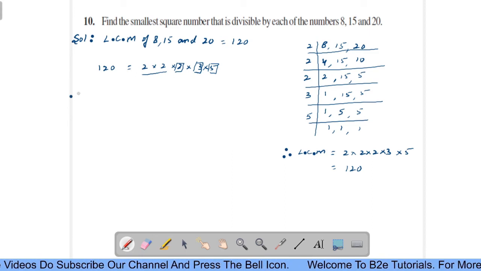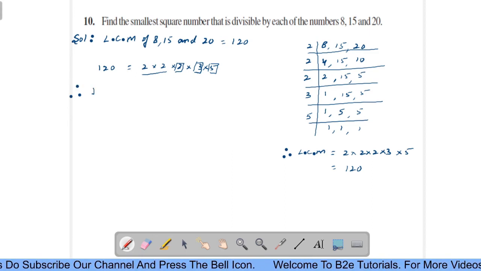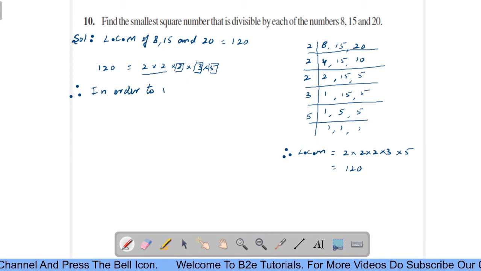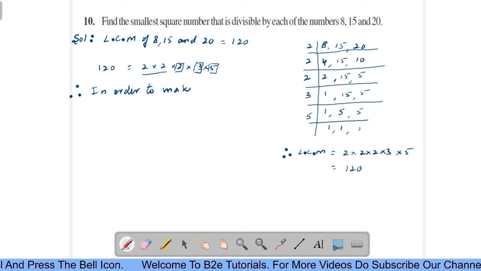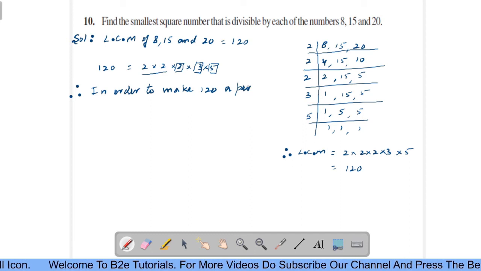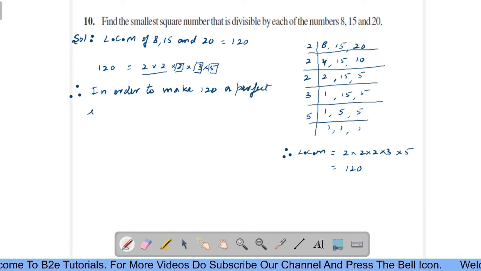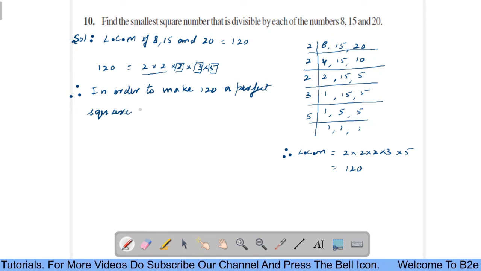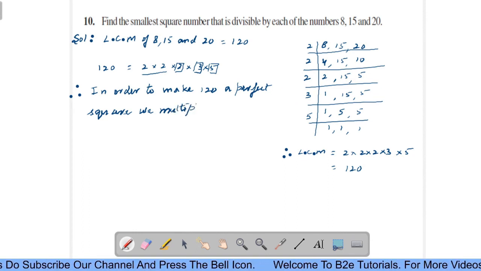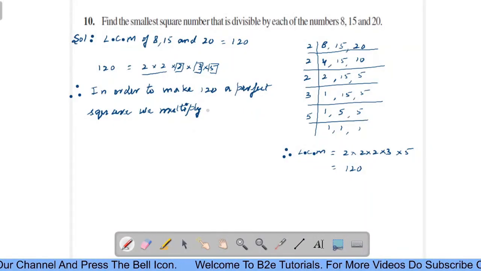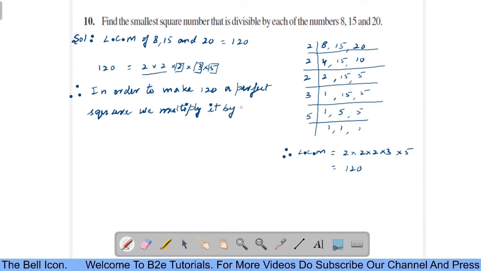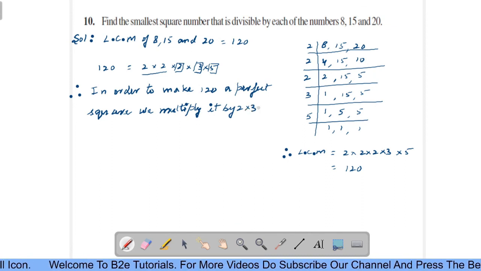Therefore, in order to make 120 a perfect square, we multiply it by 2 into 3 into 5.